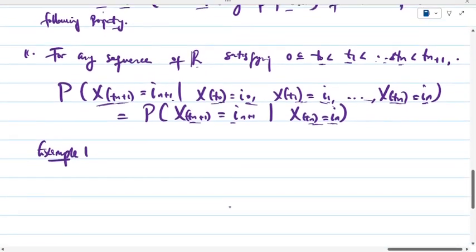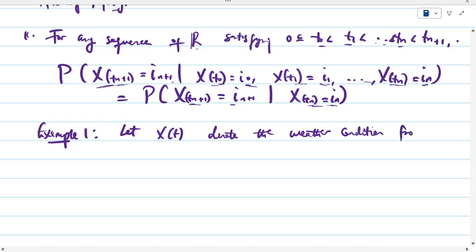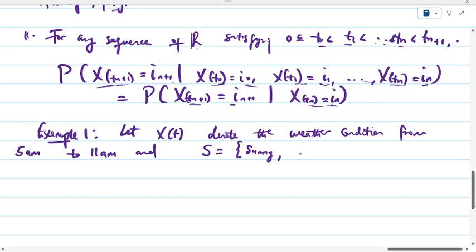In order for us to understand this concept better, we can take this example: let our stochastic process S of t denote the weather condition from 5 a.m. to 11 a.m., and the state space X equals sunny, windy, rainy, and cloudy.